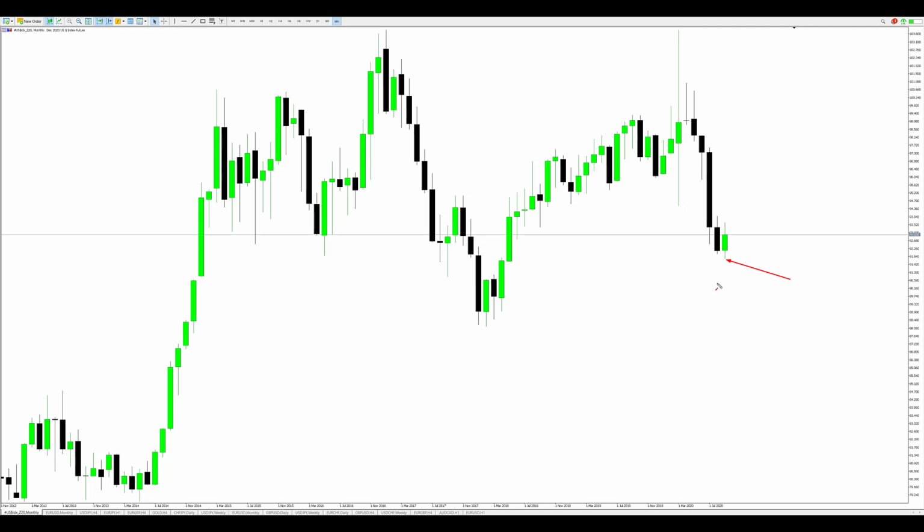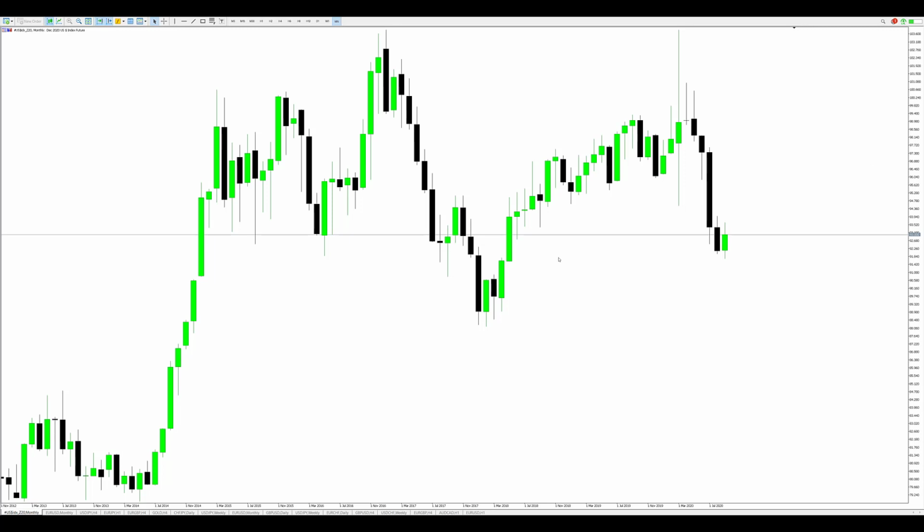So what we're gonna do today is we're going to break down the dollar index. We're gonna break it down so that we know how we are going to be trading this asset as we head into the November elections, and probably post the peak of COVID.